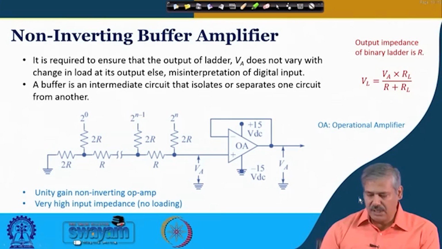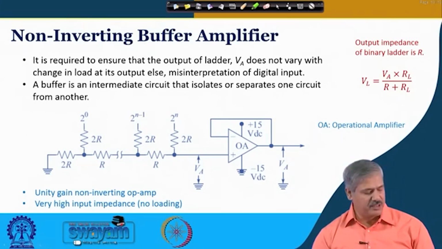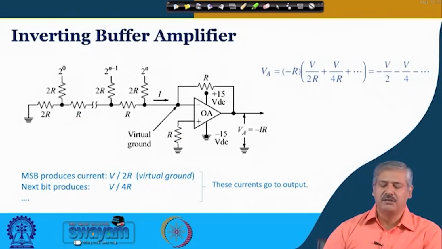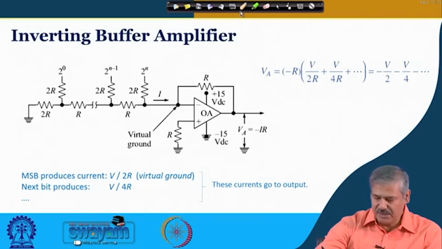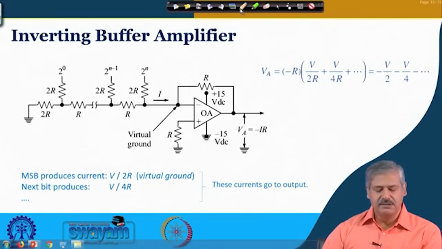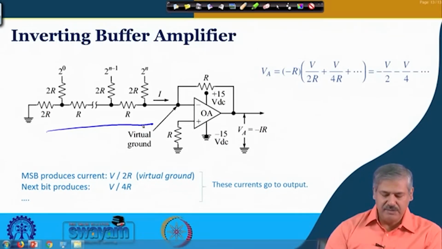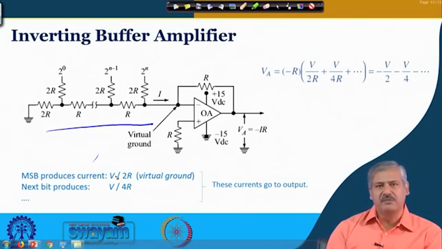Now, there could be another circuit; this was the non-inverting op amp, but we can also use an inverting mode op amp, for which we can have a circuit like this. This side you can recognize is the ladder network, and this is the MSB. The MSB produces a current: V by 2 is the effective Thevenin voltage, divided by the output resistance which is R, so V by 2R.